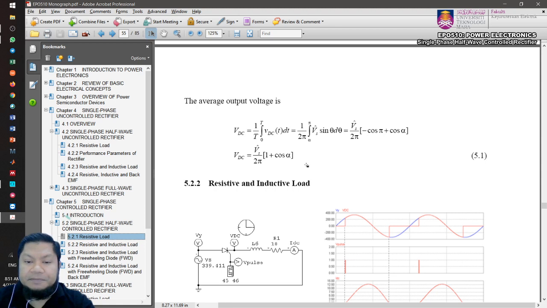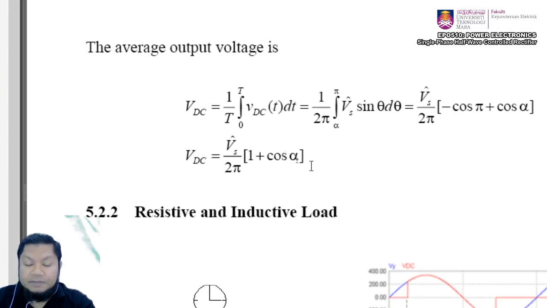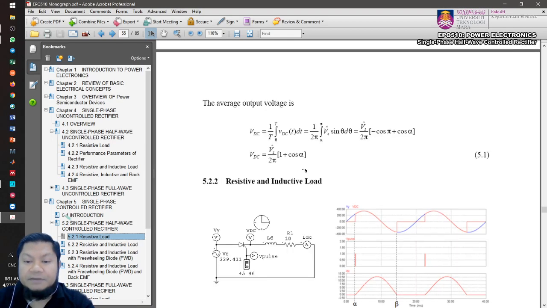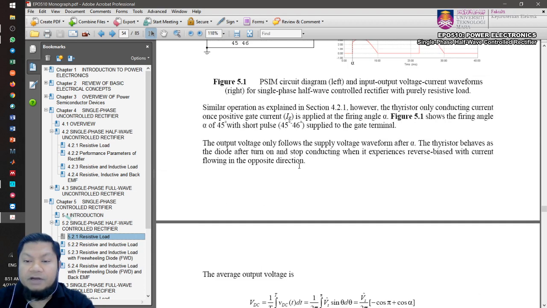So if you look at the output voltage equation, there is now an extra parameter, which is alpha. If you vary the alpha value, you will get a different output voltage.